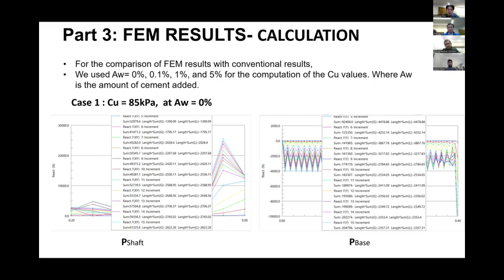For comparison of the FEM results with the conventional results, we used the AW equal to different values for the computation of different CU values, where the AW is the amount of the cement added.